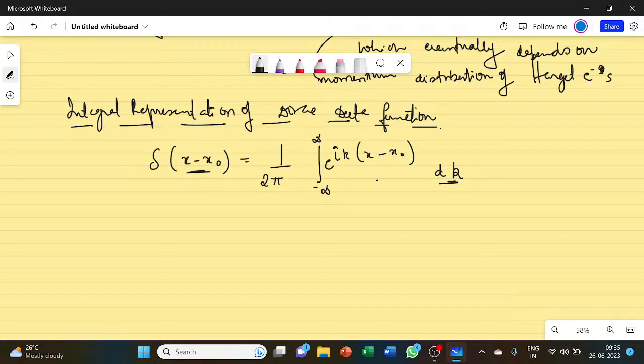The argument attached to the variable iota k goes as the argument of the Dirac delta function. I hope it is clear till now. So this is the definition, so don't worry about it. Is that clear, or should I repeat it? Kindly let me know in the comment section if anybody is watching right now.